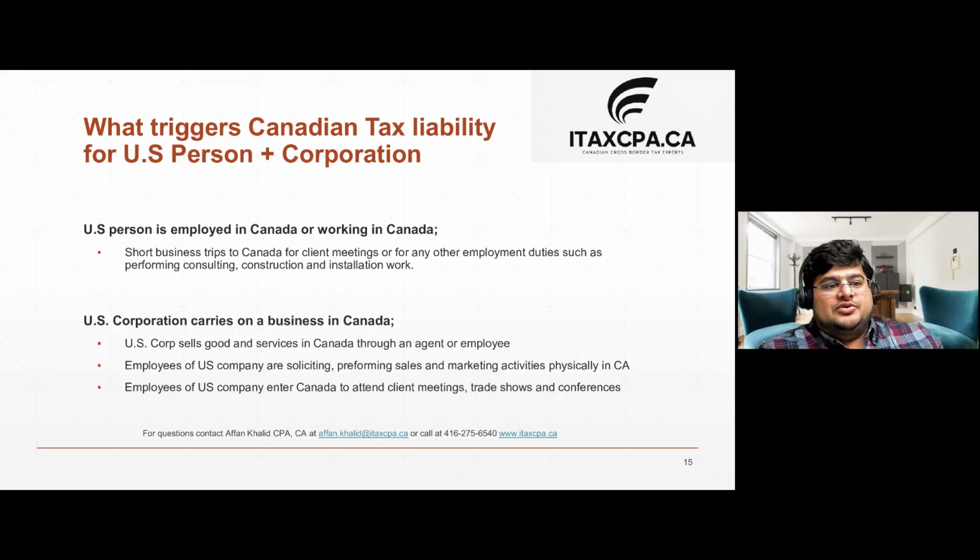So for a US employee coming into Canada on short business trips for client meetings or employment duties or consulting, construction, installation, whatever, the moment a US company has its employees on the ground in Canada, they've crossed the border, that's the trigger point.